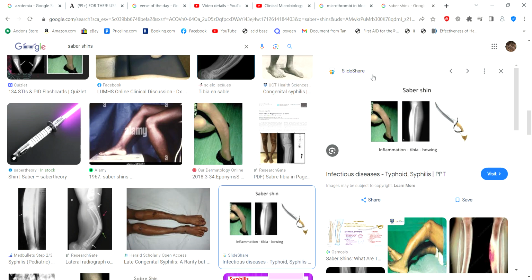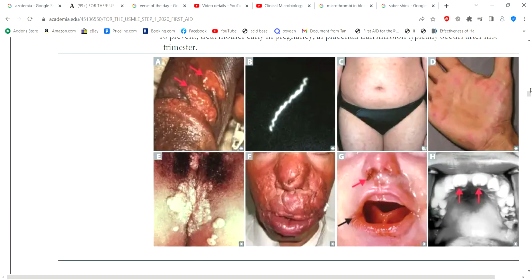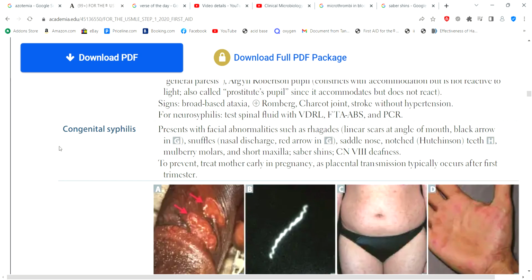You have CN8 deafness also in congenital syphilis. To prevent this, treat the mother early in pregnancy, as placental transmission typically occurs after the first trimester. So if the mom has syphilis, it's going to be transmitted to the baby after the first trimester.